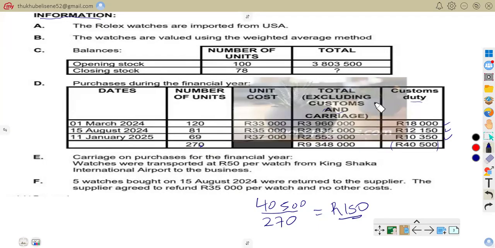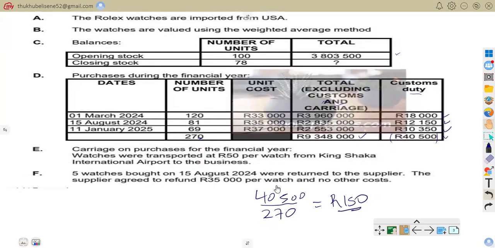So it means we are going to start from opening stock. Then we're going to say opening stock plus a custom duty plus total excluding custom duty and carriage. And then we are as well going to have the carriage now on purchases.